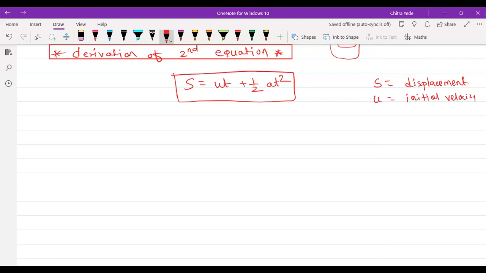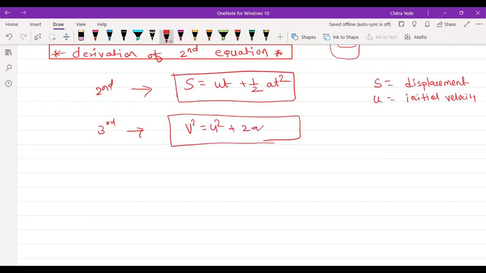Do you have the derivation in your syllabus? We don't have it, sir. Then you can just remember all three equations. I'm going to write here the third: v square equals u square plus 2as.